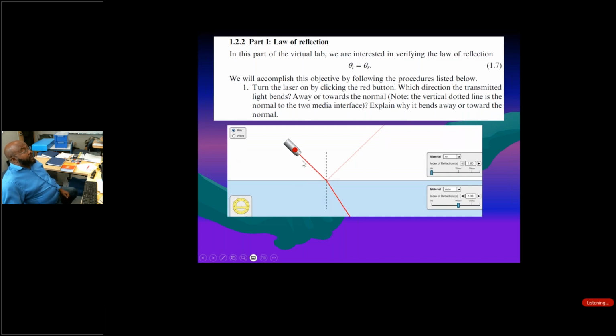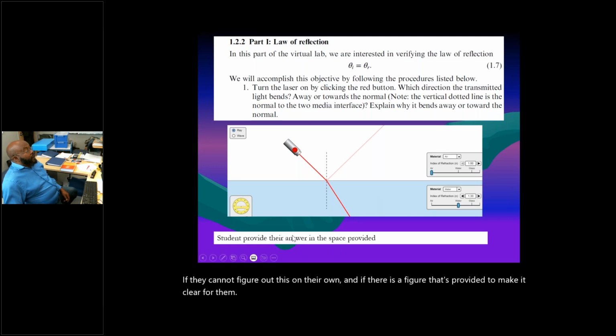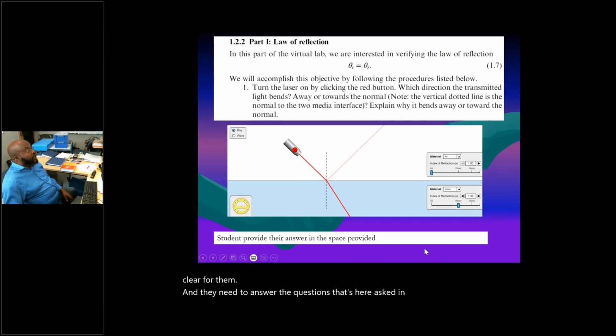So that's what they see. And in the book, if they cannot figure this out on their own, there is a figure provided to make it clear for them, and they answer the questions in the space provided in the book.